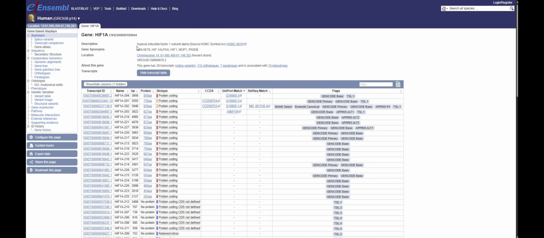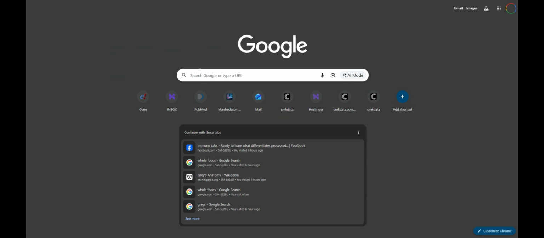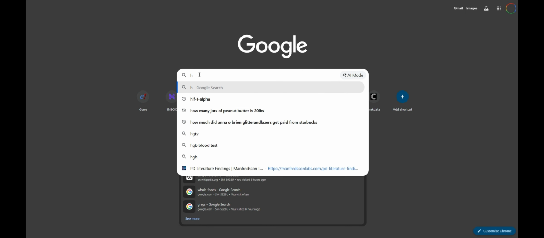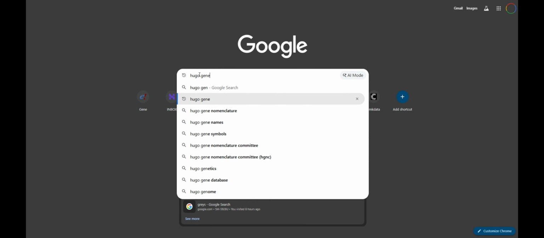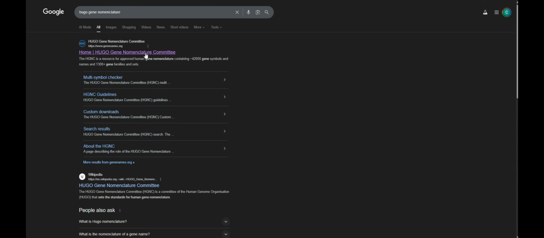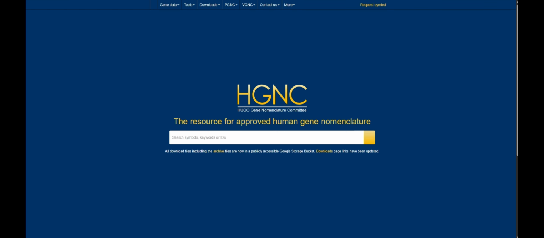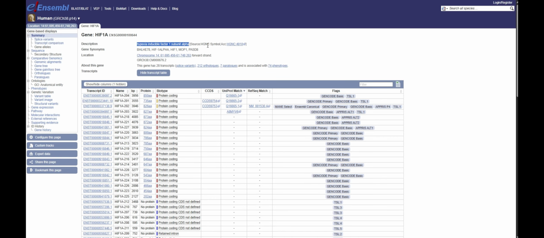And on this page, you get the gene name. I guess if you're looking for a certain gene name and you're a layperson, you would want to go to HUGO Gene Nomenclature.